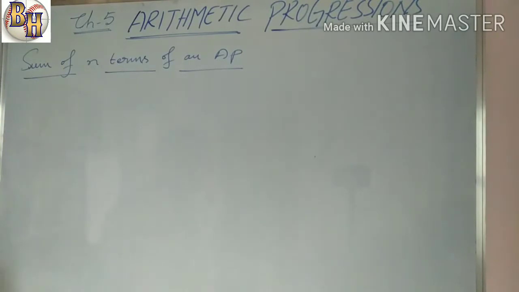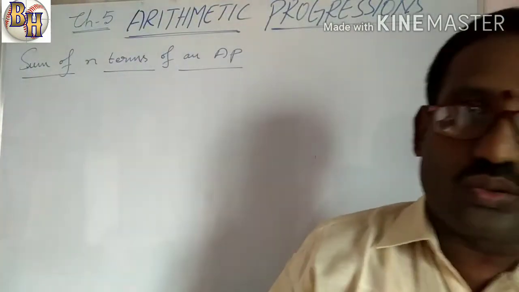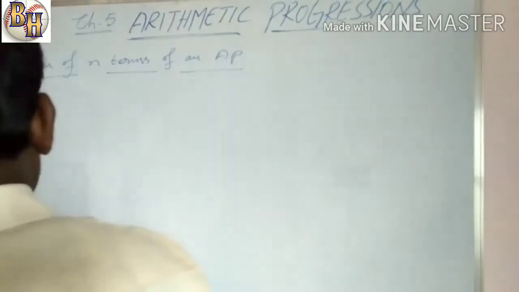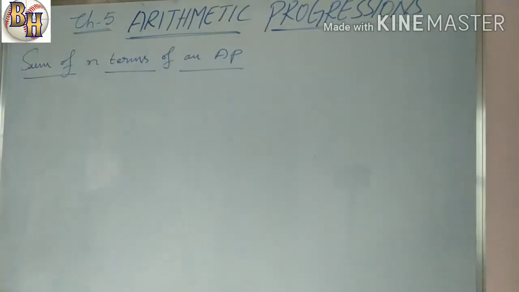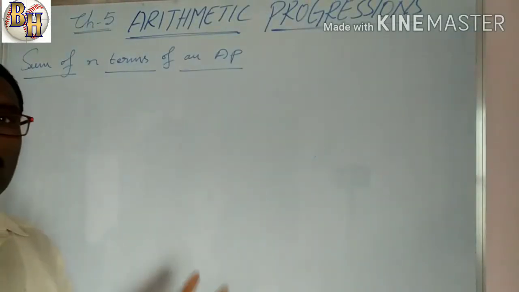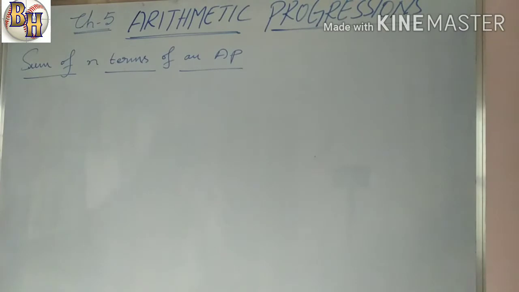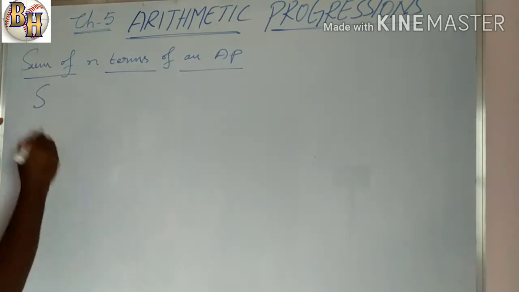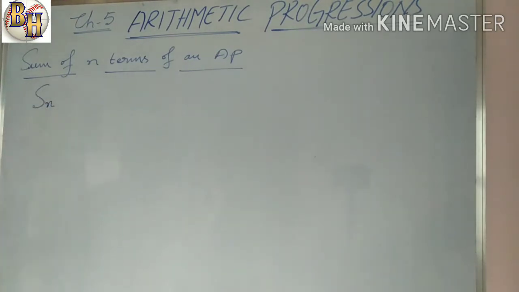This formula was derived by Gauss, Frederick, the mathematician, who introduced this formula. How to do it? Here, see, sum of n terms is denoted as S, sum means S. We can also write Sn. Sn means sum of n terms.